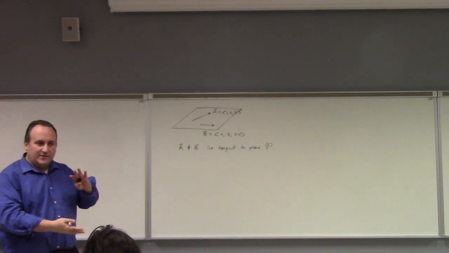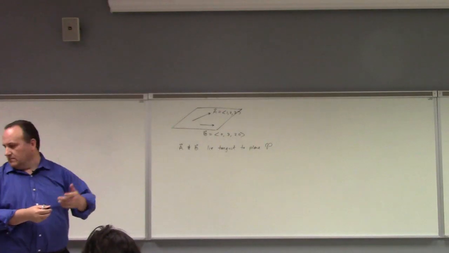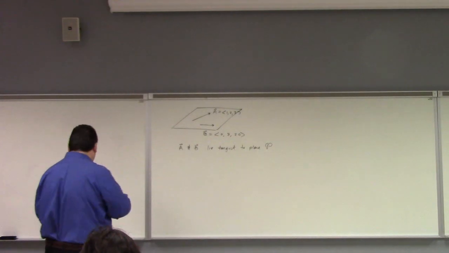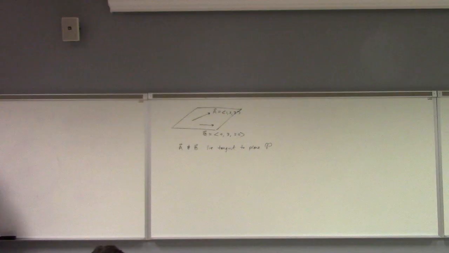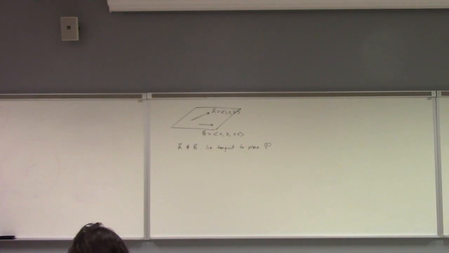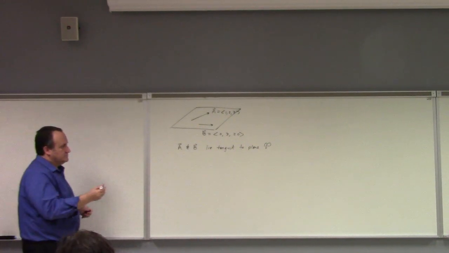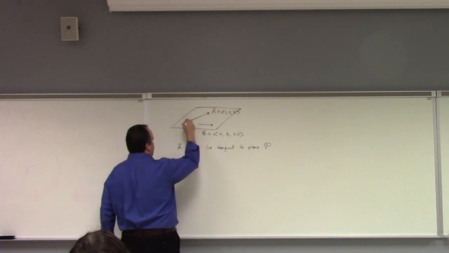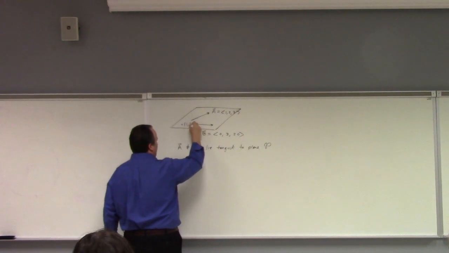There's infinitely many planes that those are tangent vectors to, but if we give a point on the plane, what do you guys want? Any point? Pick a point. 1, 3, 4? It's a deal. All right, 1, 3, 4 is on the plane.